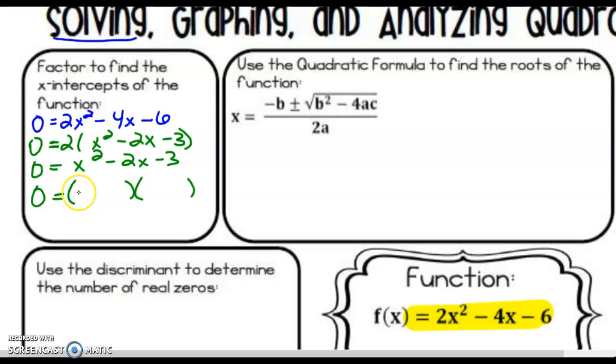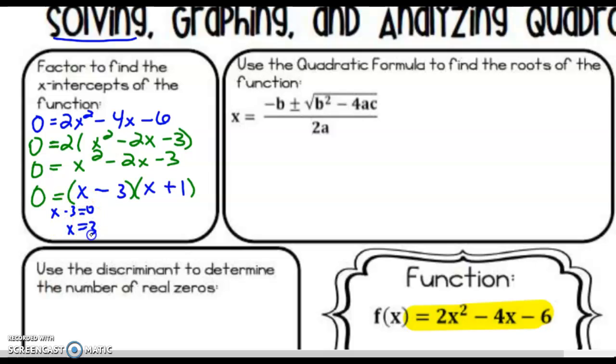So we can break up the x squared into x and x. We can break up the 3 into 3 and 1. We want the inside to be the minus, negative 3, and the outside to be the plus, so that together these two, negative 3x and 1x, will get me the negative 2x. From there, we set each of those factors equal to 0.